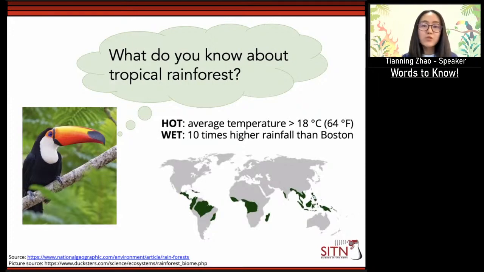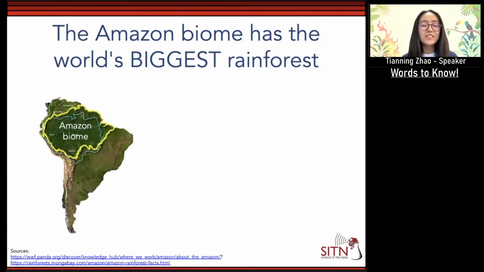And you can find the tropical rainforest along the equator in different continents, including South America, Central Africa, as well as Southeast Asia. And today we will talk about the biggest rainforest in the world in the Amazon region. So the Amazon biome is the home to the world's biggest rainforest.